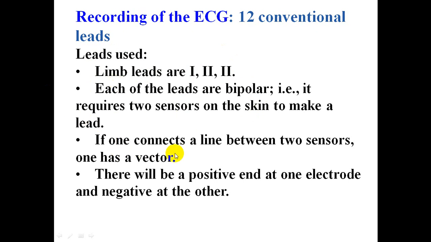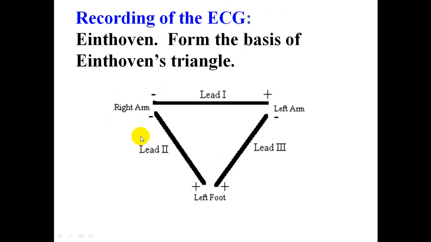If one connects a line between the two sensors, one gets a vector of electrical activity. It does not measure all the electrical activity, only the main vector. There will be a positive end at one electrode and a negative at the other electrode. This is what is called the two-sensor leads.